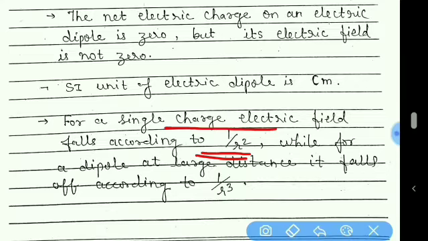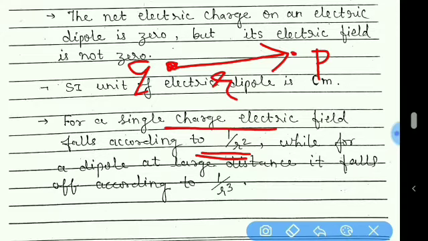We know that if there is a single charged particle Q, then the electric field due to this charge at any point P, which is at distance r, is given by E is equal to K Q by r square.